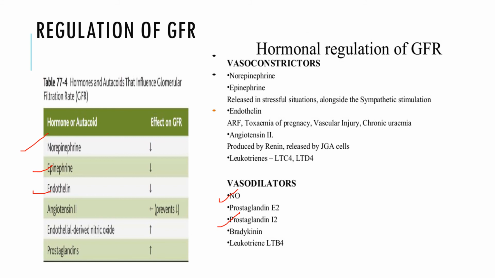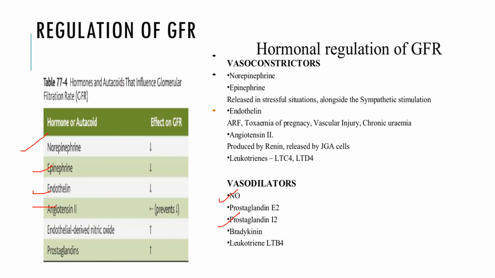Whereas angiotensin II will preferentially constrict the efferent arterioles in most physiological conditions. So at a low level of angiotensin II, it has a large constrictor effect on the efferent arteriole and a small constrictor effect on the afferent arteriole. As a result, renal plasma flow will be reduced and GFR will be raised.